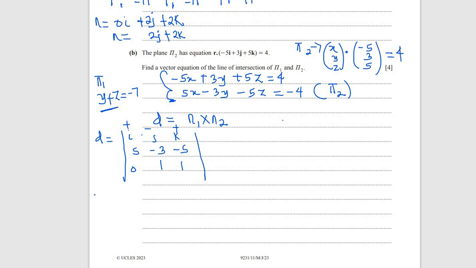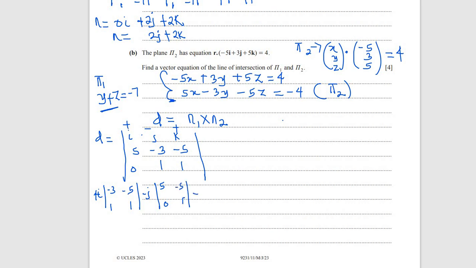So as we did earlier, plus i, this will be minus 3, 1, minus 5, 1. Minus j, this one will be 5, 0, minus 5, 1.